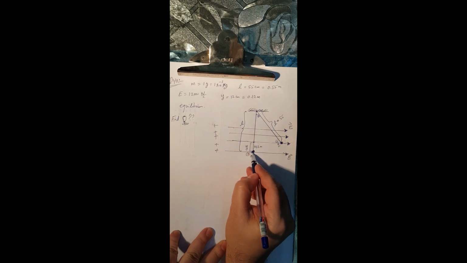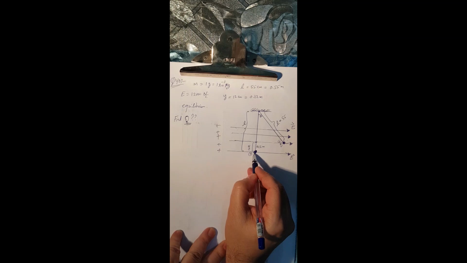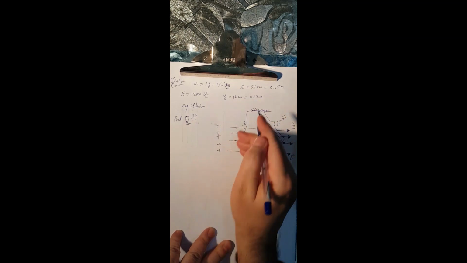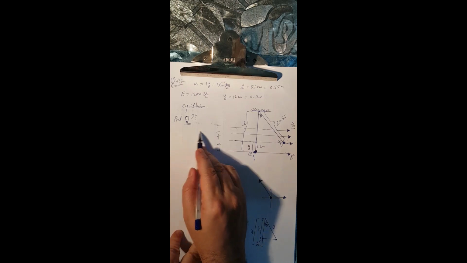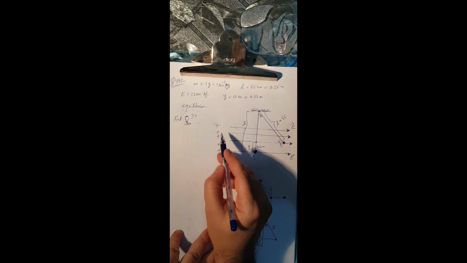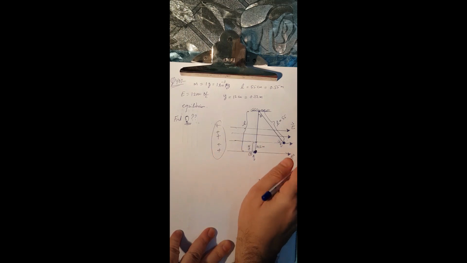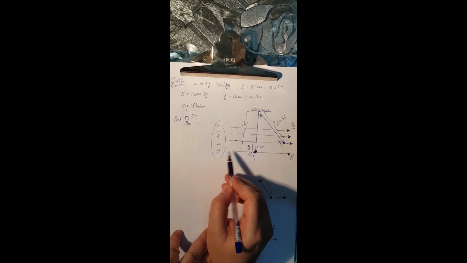Now you put a charge at the end here. Okay. Now if there is no electric field, of course it stays in this position. Now when you apply an electric field this way, from left to right, so it means this side is positive, that side is negative, this charge will interact with it.